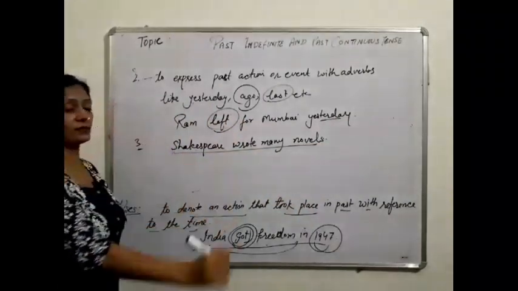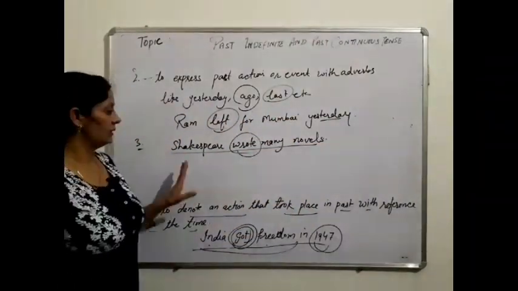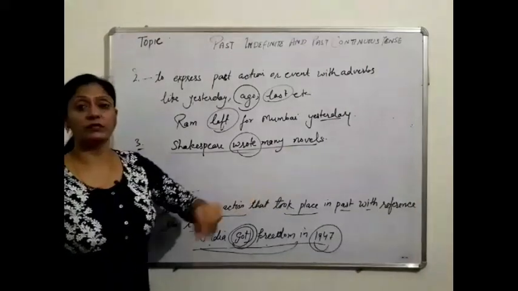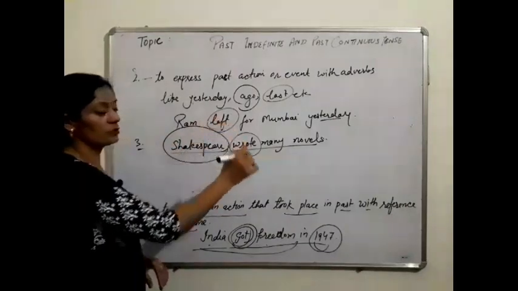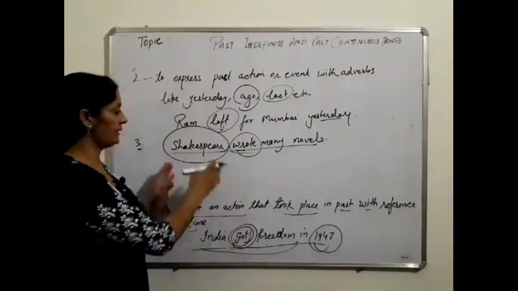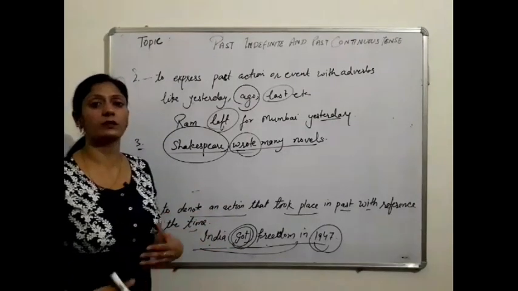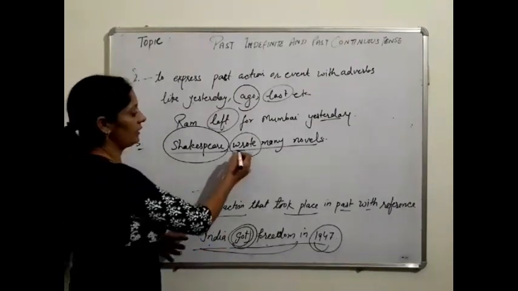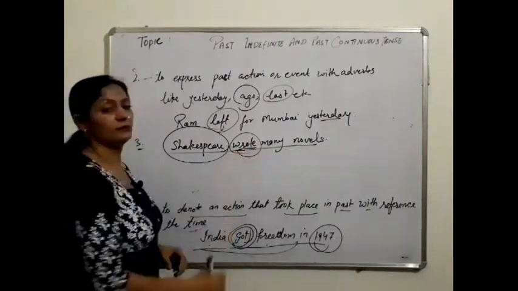No reference of past is here, but we have used the second verb. Actually, the reason is we are talking about a person who is not alive. It means in his lifetime he wrote many books, he wrote many novels, he contributed much in art.